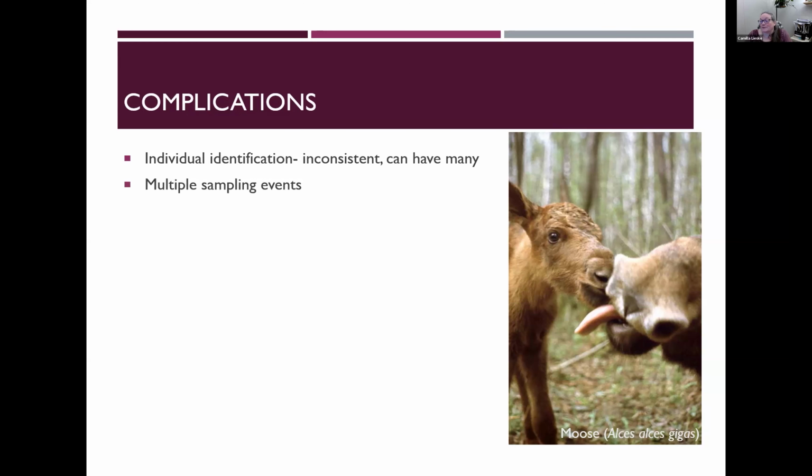Because we have multiple sampling events where we might be capturing an animal many times over the years, each time it goes out and we catch a sample, it may get a whole new ID. And sometimes during those captures, it might have the field ID that it's given for the capture. It might have a caller ID that's being tracked for that particular animal.